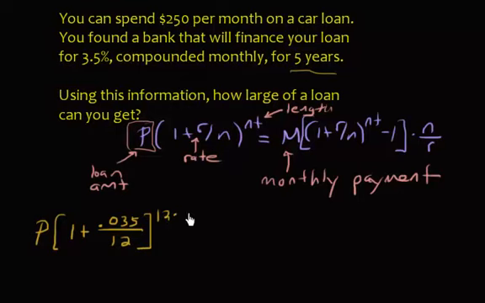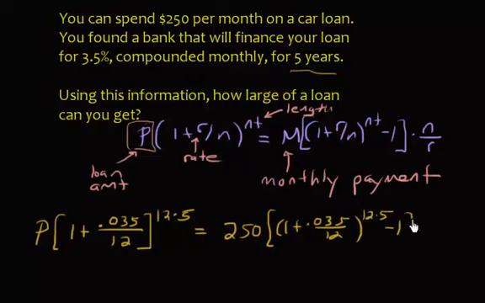So it's going to be a 5-year loan, and the monthly payment we said is $250. Interest rate of 0.035 over 12 raised to the 12 times 5. Now we have everything set up. I just have to solve. This is what I'm looking for right here. So let's figure out what this is.